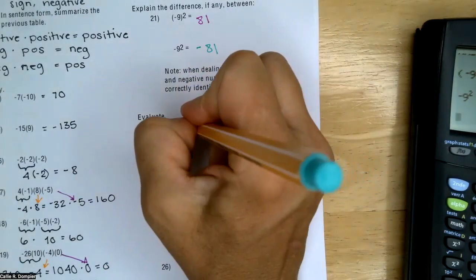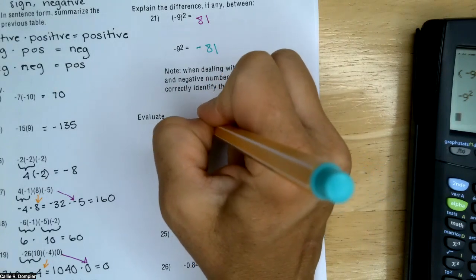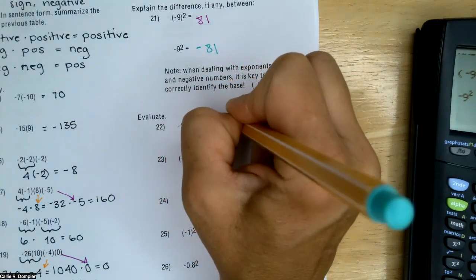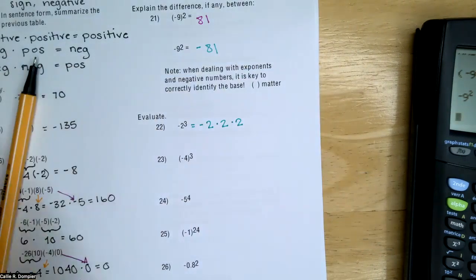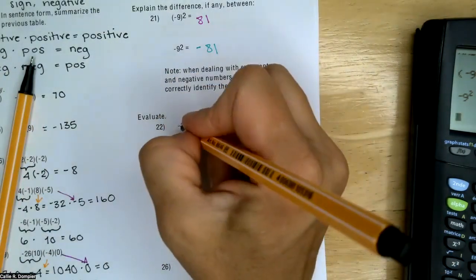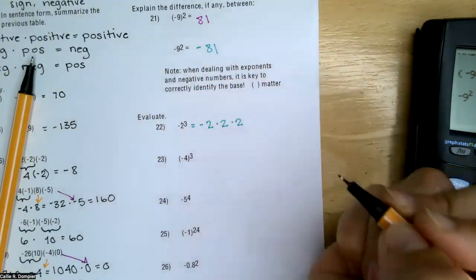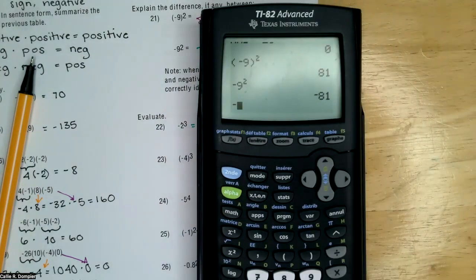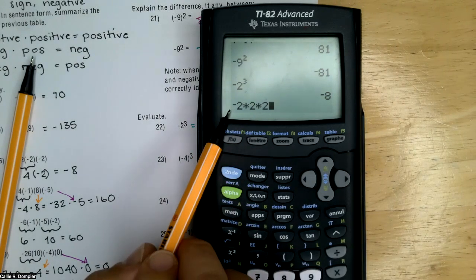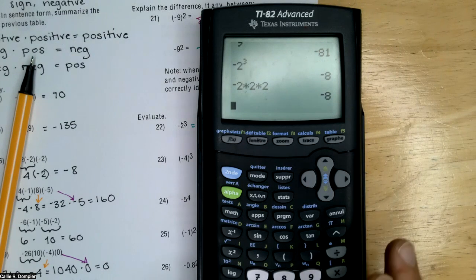All right. So -2 to the third means -2 times 2 times 2. The negative is not part of the 2 to the power of 3. -2 times 2 times 2, one negative sign, 3 2s.